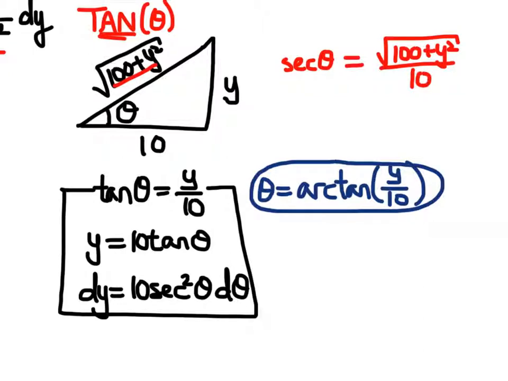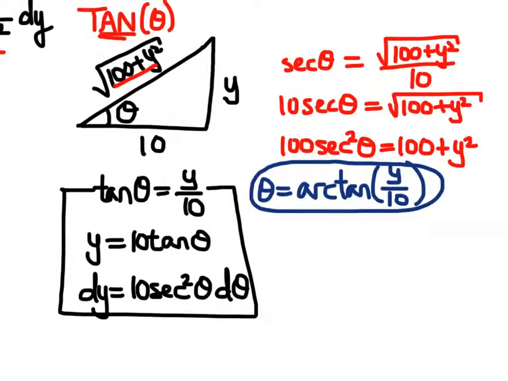That's hypotenuse over adjacent. We solve that for the square root of 100 plus y squared, and then we can square both sides, which gives us an expression for 100 plus y squared in terms of theta. That's going to be really helpful when we make our substitution. So this is all we need from our triangle for the moment.